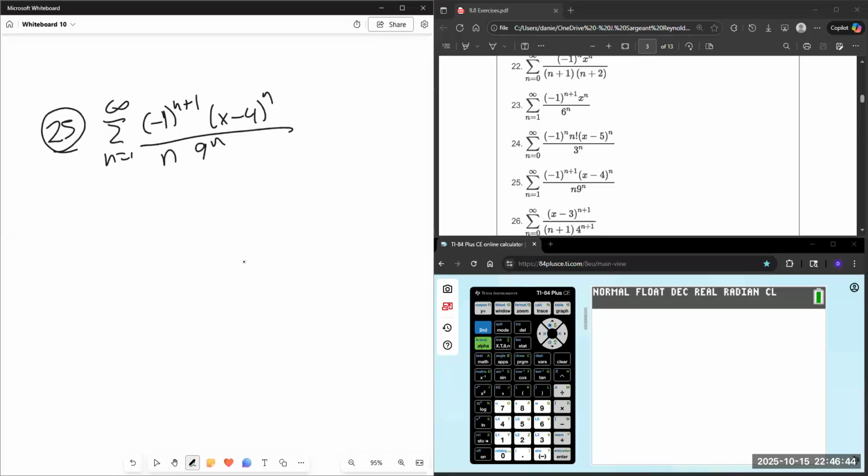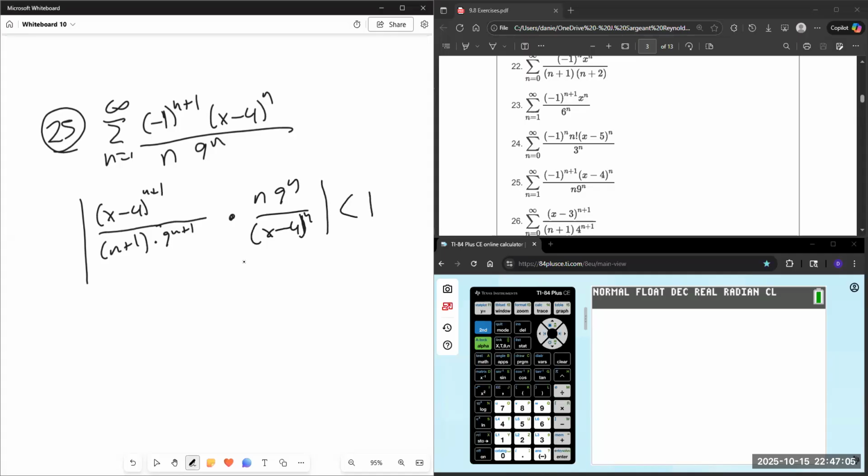So forget about the sign change, the absolute value is going to get rid of that. I have x minus 4 to the n plus 1 over n plus 1 times 9 to the n plus 1, times the reciprocal, n times 9 to the n over x minus 4 raised to the n. Absolute value bars, less than 1.